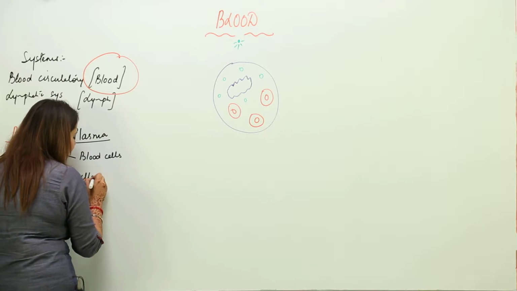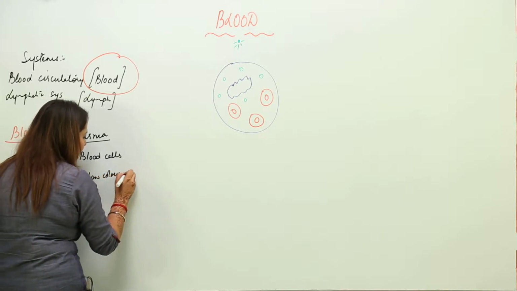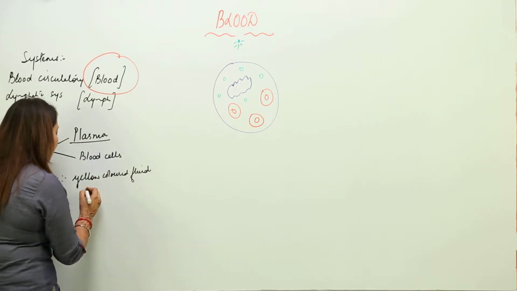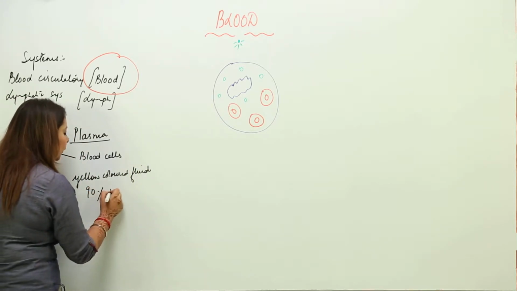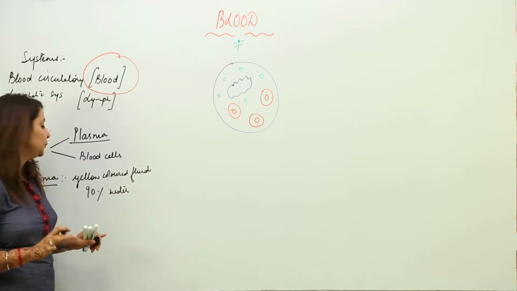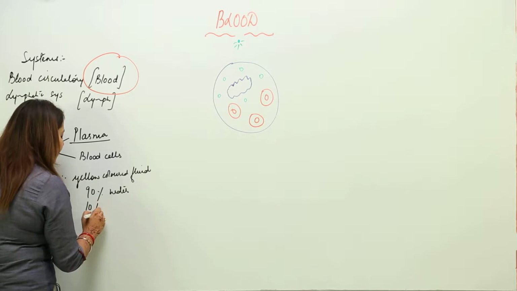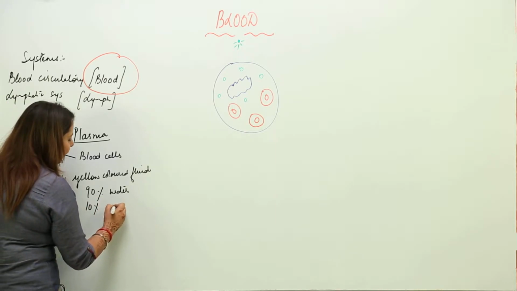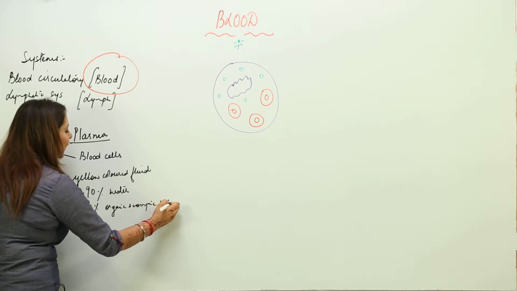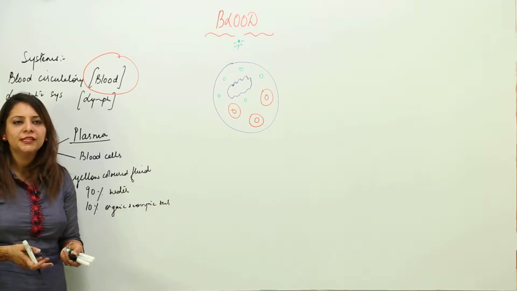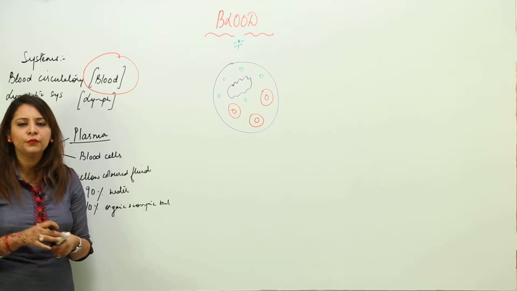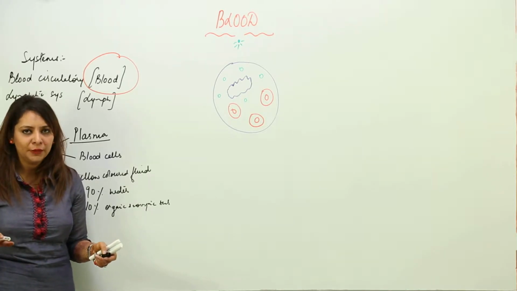Plasma is the pale yellow colored fluid which has approximately 90% of water. It comprises 90% water, and the rest 10% is other organic and inorganic substances like hormones, enzymes, nutrients, proteins, antibodies, whatever is found in the blood apart from water.